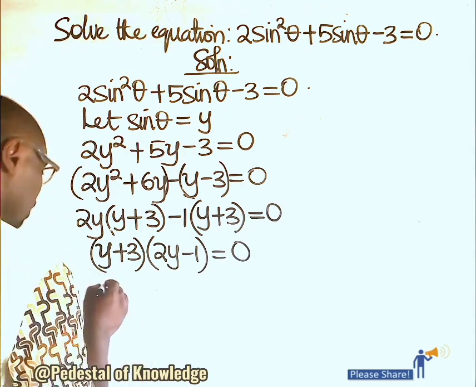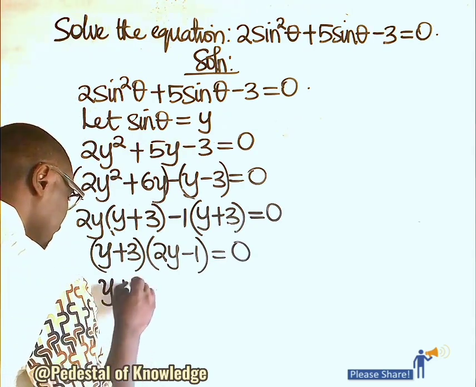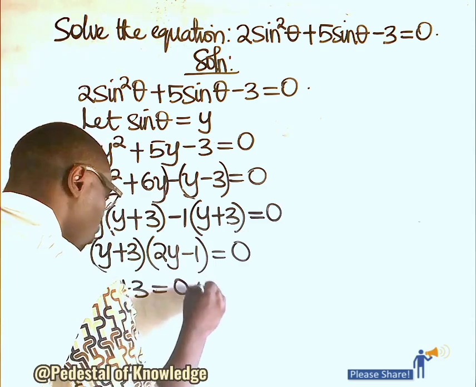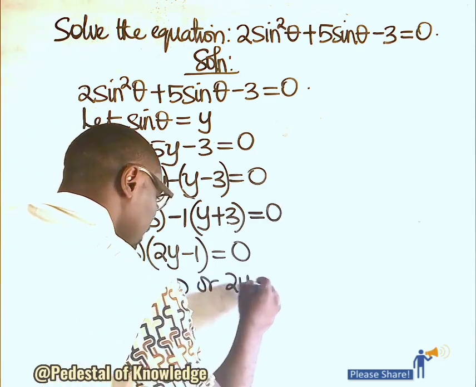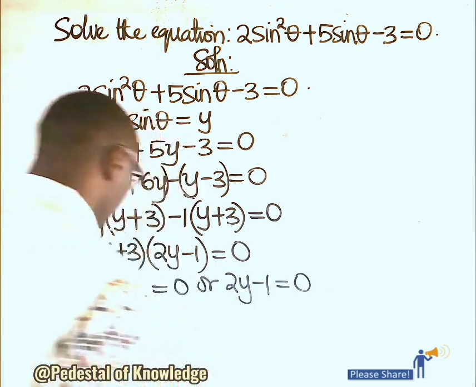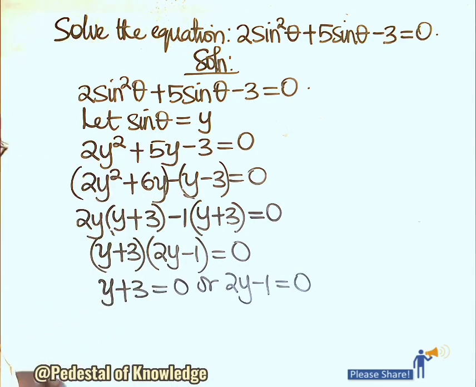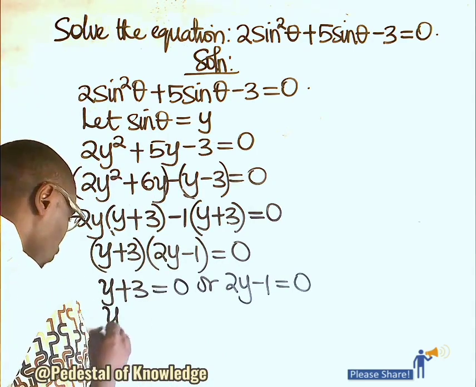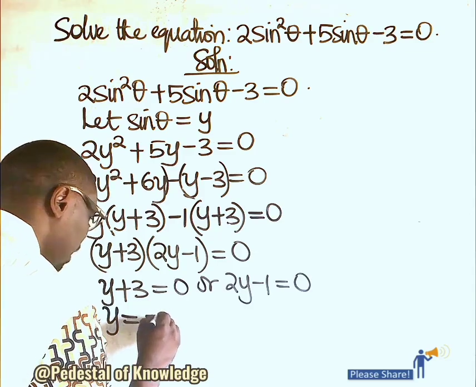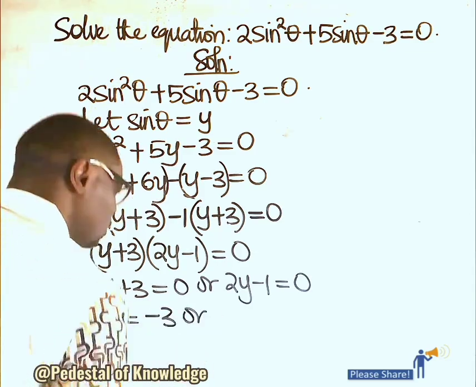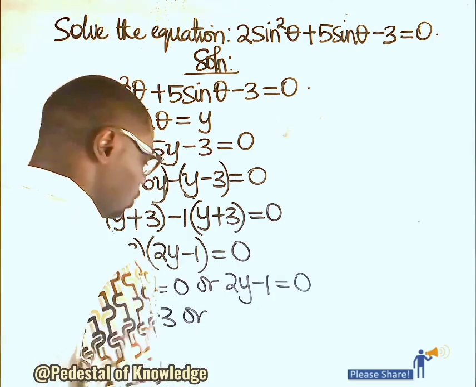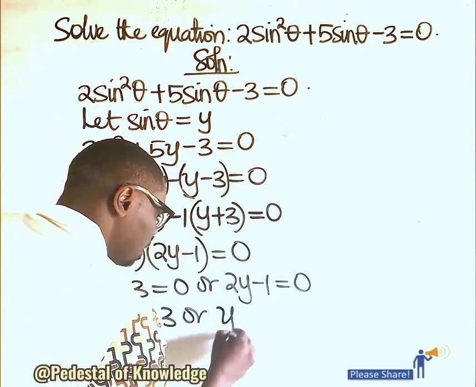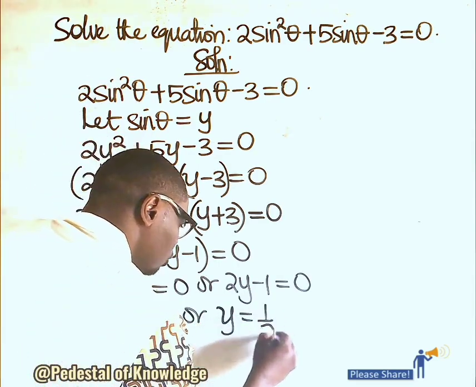All right, so it means that y plus 3 is equal to 0, or 2y minus 1 is equal to 0. So if y plus 3 is equal to 0, then that means that y is equal to minus 3. Or if 2y minus 1 is equal to 0, it means that y is equal to 1 over 2.